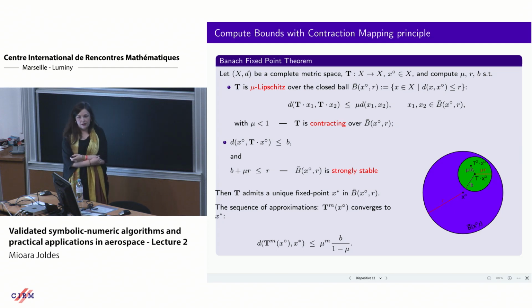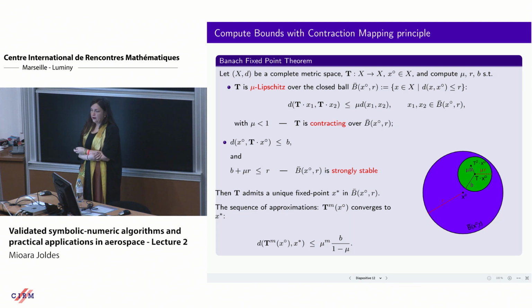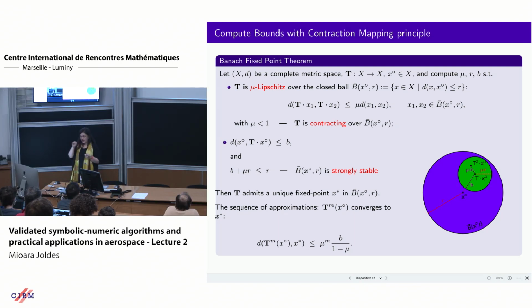It's maybe the most current one, the Banach fixed point theorem, and what we require is to have a complete metric space X, and we have an operator, a map T, which we require to be contractive on a given ball. And in this case, by contraction, I mean that we can bound the Lipschitz constant of this operator, and this should be less than 1.